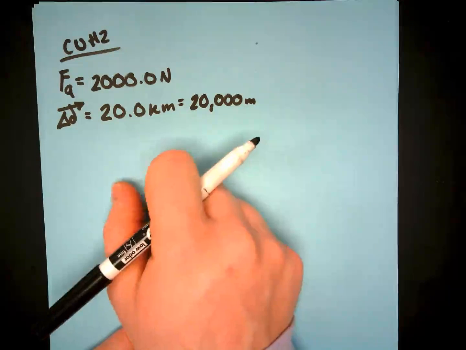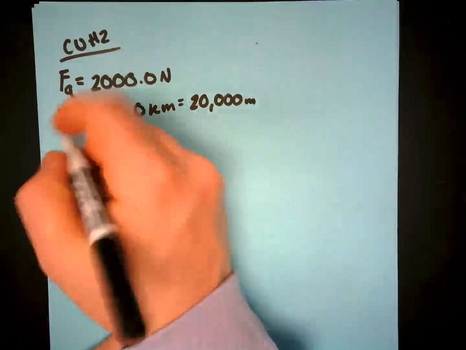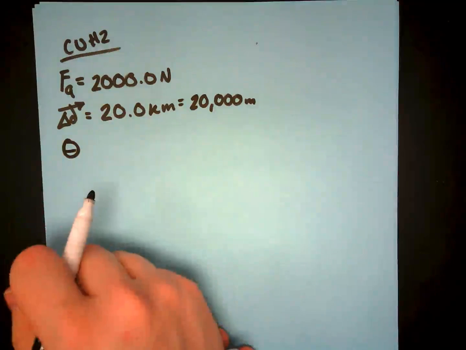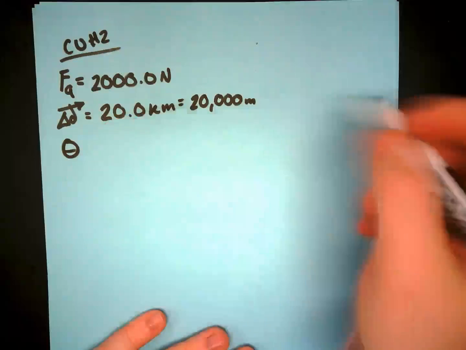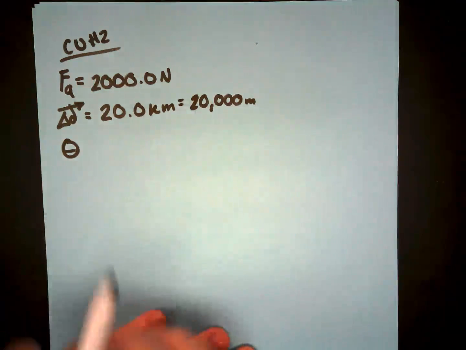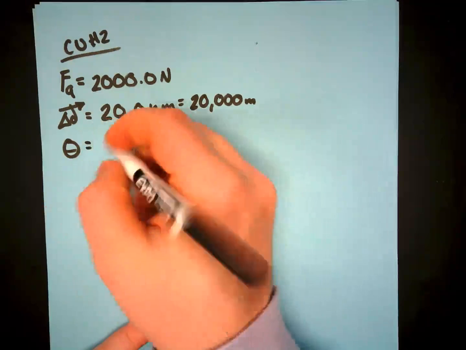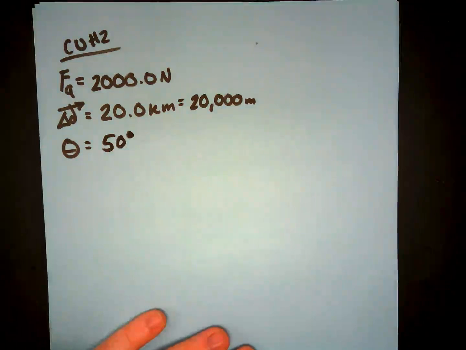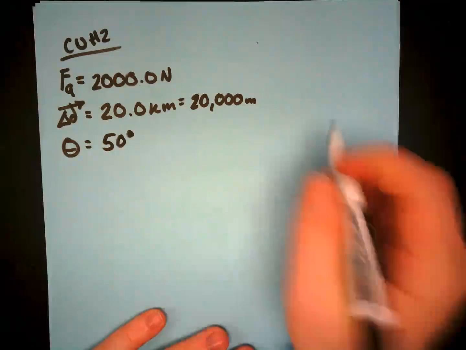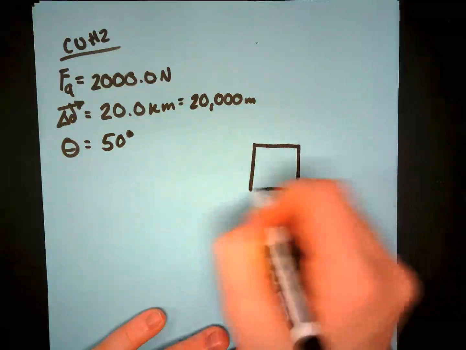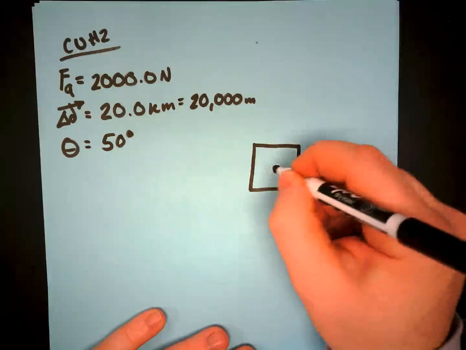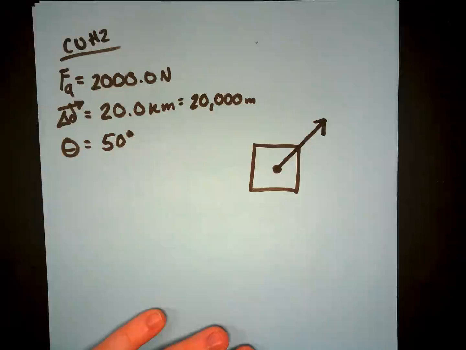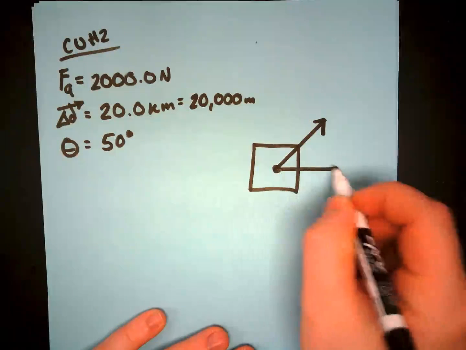The other thing is there's a third piece of information in the picture. We'll draw a free body diagram for this real quick. In the picture, we see that theta is equal to 50 degrees, because here's our car, and here is that tow cable, and these are all of our forces.